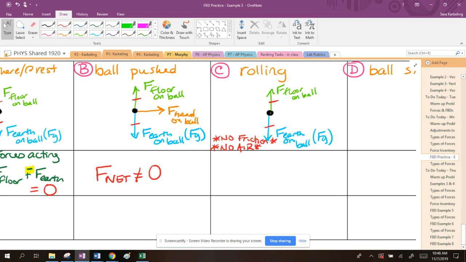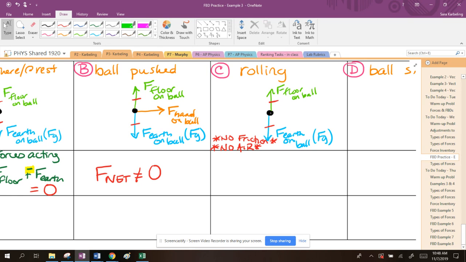Okay? So I don't have any ability to move the ball with my hand from far away. Is there anything else pulling or pushing on this ball? There is not. If you wanted there to be, I don't blame you, because a lot of people do. Because why? What is the ball doing? It's rolling. It's moving. But here's the thing.